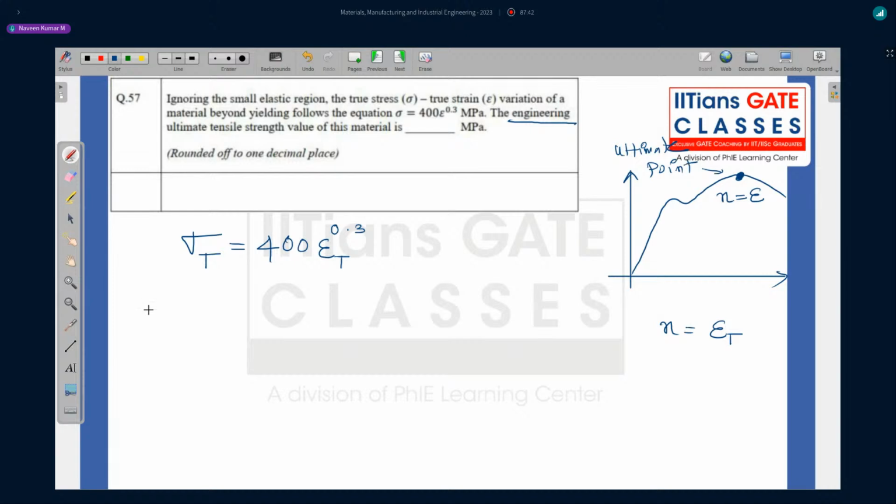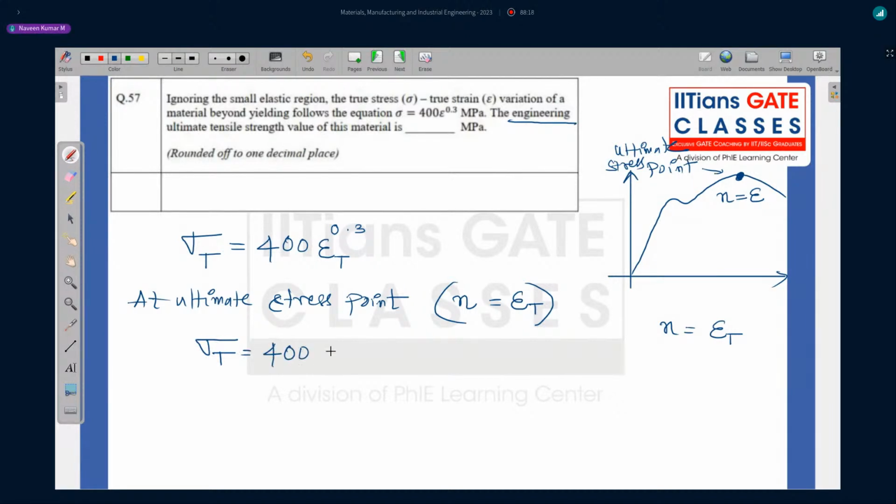So at the ultimate stress point, we have strain hardening exponent n equal to epsilon t. But they're asking the ultimate tensile strength value of the material. So strength we want. Sigma t is nothing but we have the formula, K into n to the power of n.